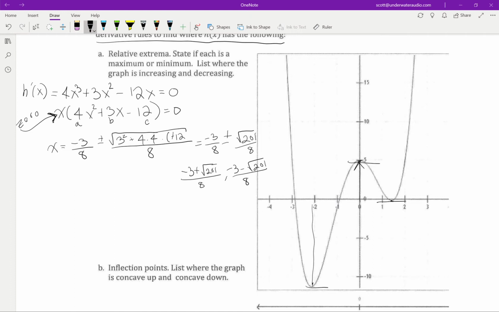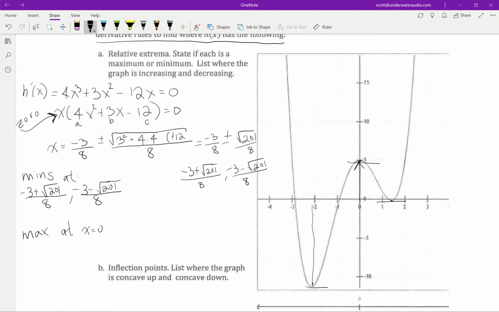So I've got two minimums: -3 plus square root 201 all over 8, and another one at -3 minus square root 201 over 8. And then there's maxes, well, just one max, a max at x equals 0.